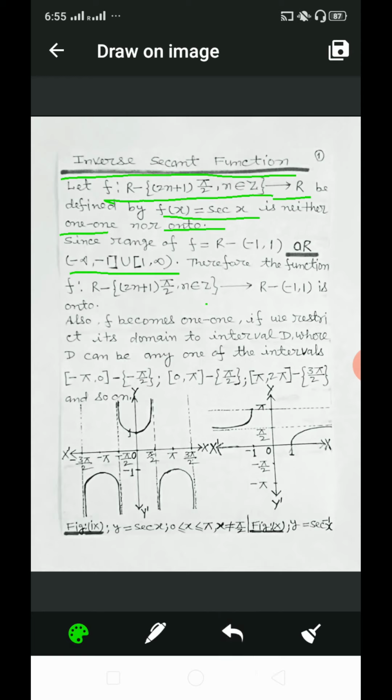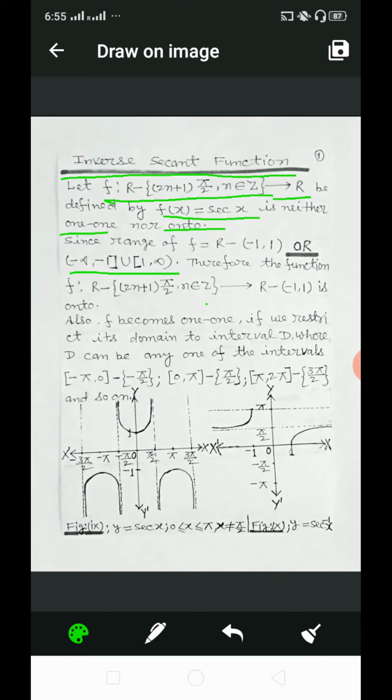Dear students, I want to tell you that the secant function is not defined at π/2, 3π/2, -π/2 or -3π/2 and so on. Here (2n+1)π/2 means if we take n equal to 0 then this is π/2. If we take n equal to 1 this is 3π/2.